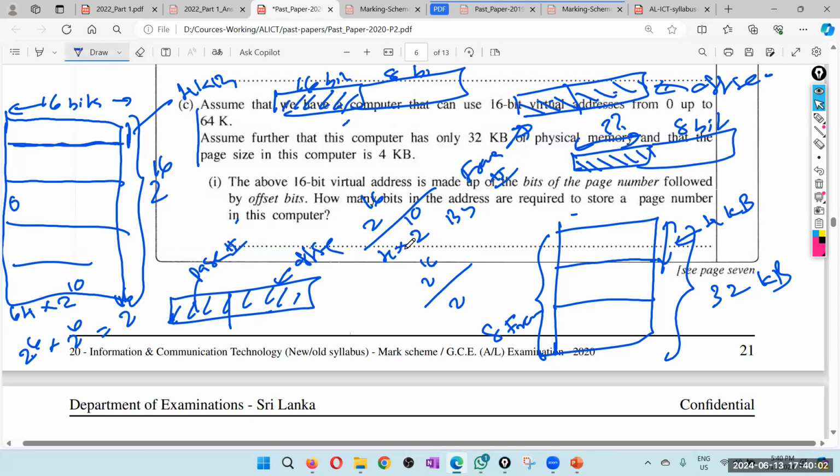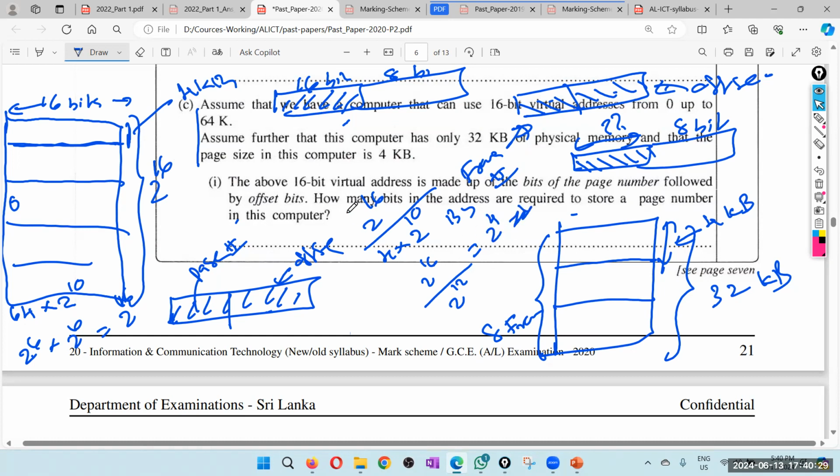So when you divide, remember 4 is 2 to the power 2, and 10 plus 2 is 12. When you divide, you can subtract the indices: 16 minus 12 is 4. So therefore, you have 2 to the power 4, sorry, not addresses, you have 2 to the power 4 number of pages.